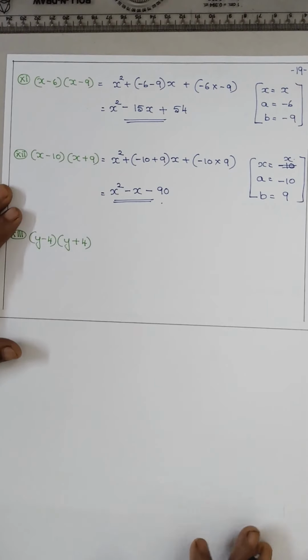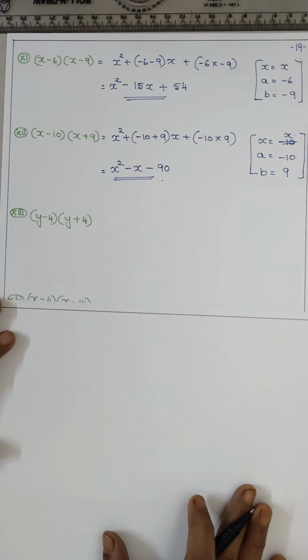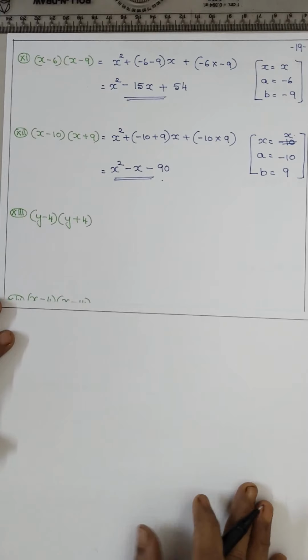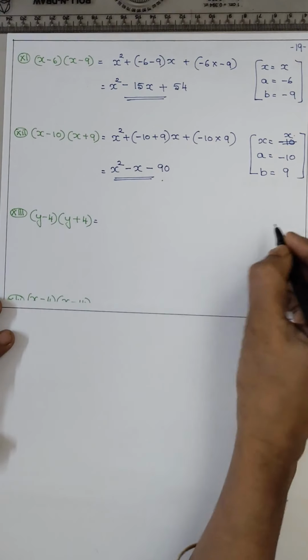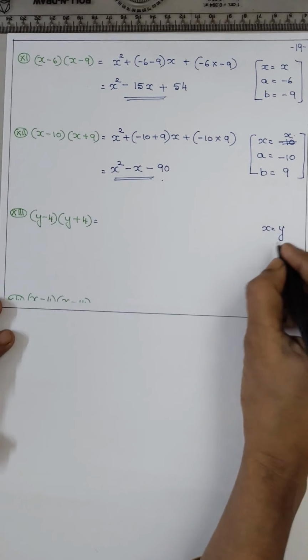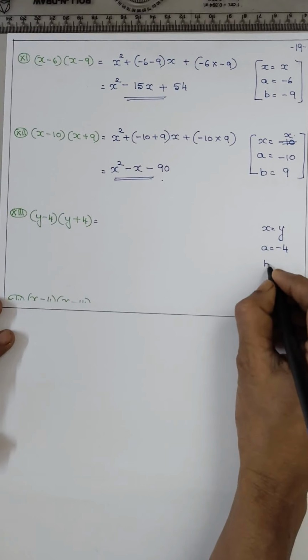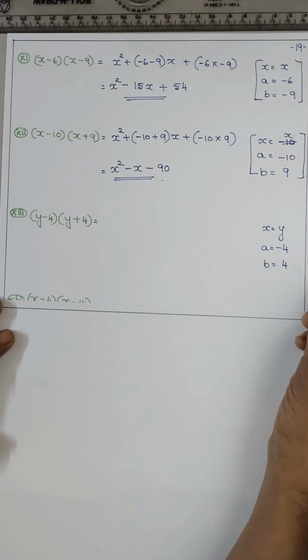Now coming to the 13th sum. Total 15 sums are there in this, isn't it? So it is x is equal to y and a is equal to minus 4, b is equal to 4.